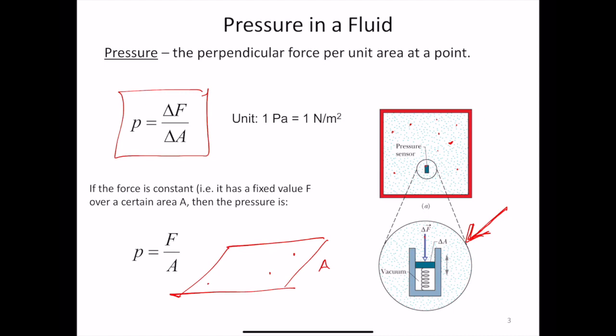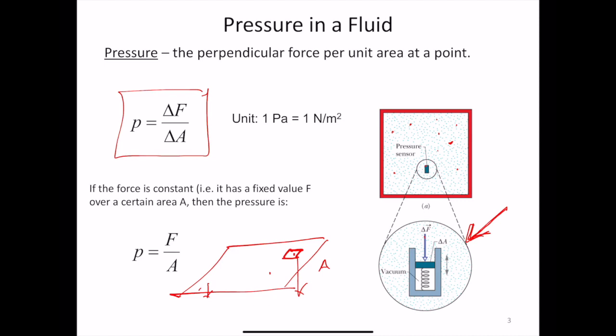If the force is not constant, so suppose the force over here is very large, but the force over here for some reason is small, then of course you would have to define the pressure at a point by just taking a tiny little area over here, calculating the force over that tiny area and dividing by that tiny area. That would give you the pressure approximately at that point.